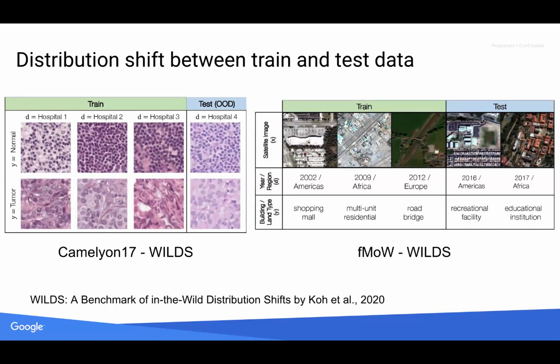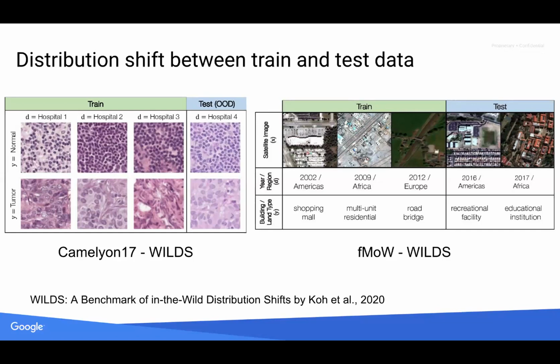So the test data comes from late 2010, right? So here again, there could be differences in terms of both the kind of buildings that people were constructing in 2000 versus maybe 2010, and similarly the camera or imaging instrument that was used in the training data versus test data.